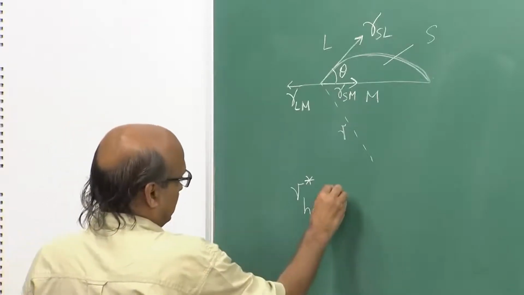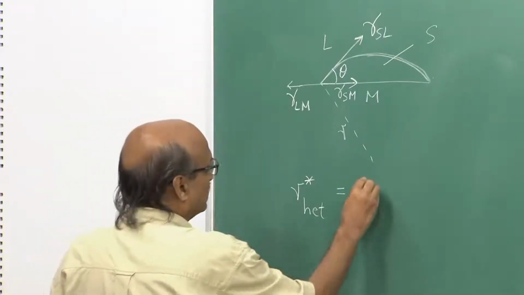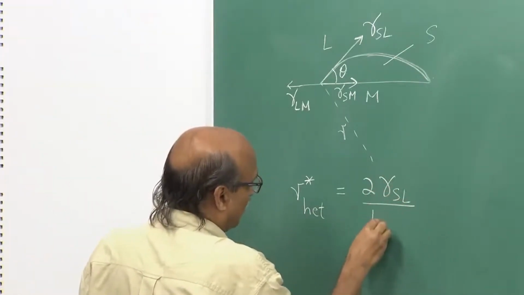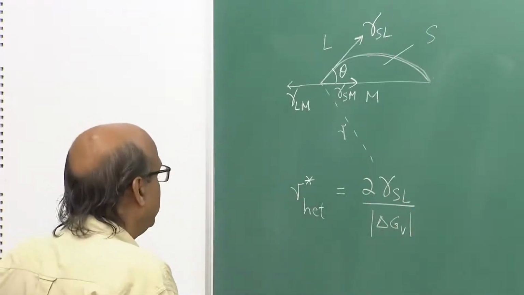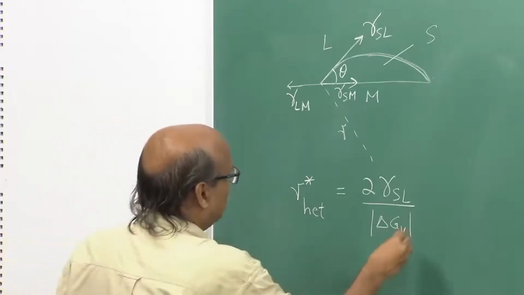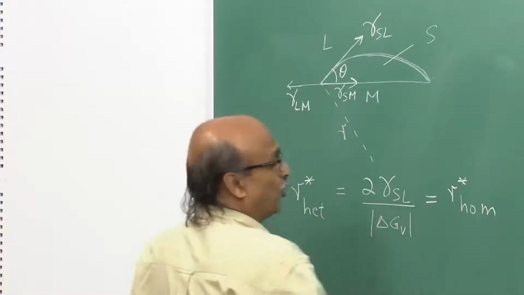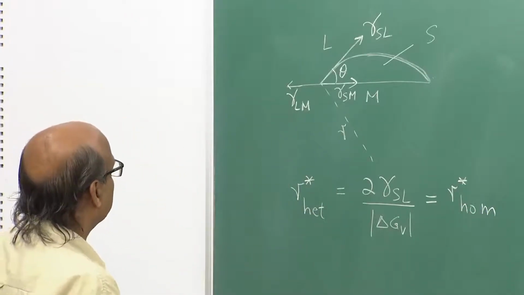So, for the critical size of the heterogeneous nucleus, one simply gets 2 times gamma SL upon delta GV, which is the same expression we had found for homogeneous nucleation as well, the critical size.